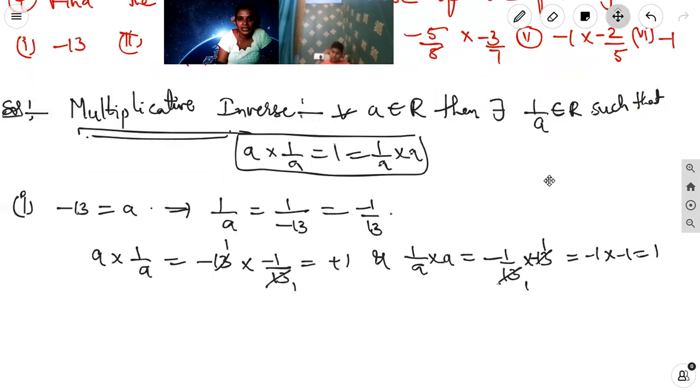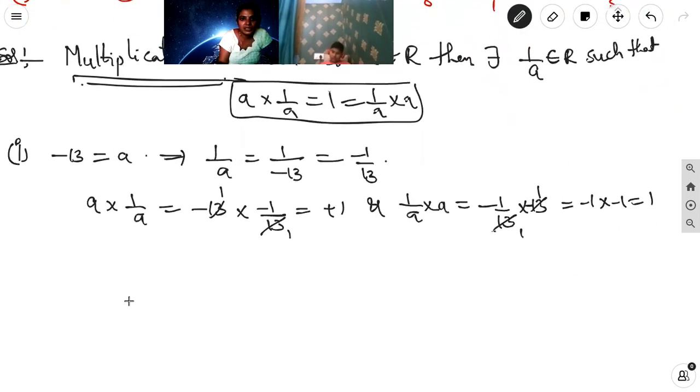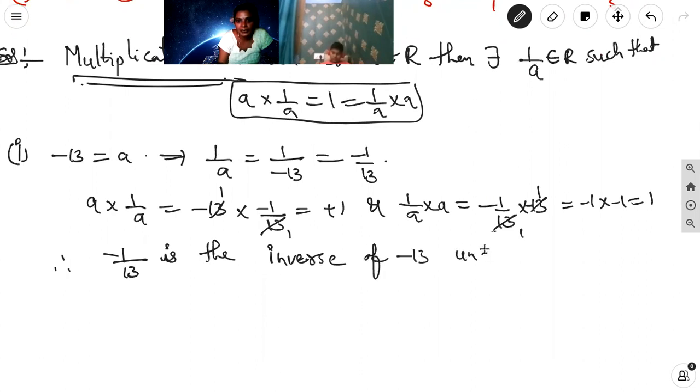So it clearly satisfies. Therefore, minus 1 by 13 is the inverse of minus 13 under multiplication. Is it clear? Yes.